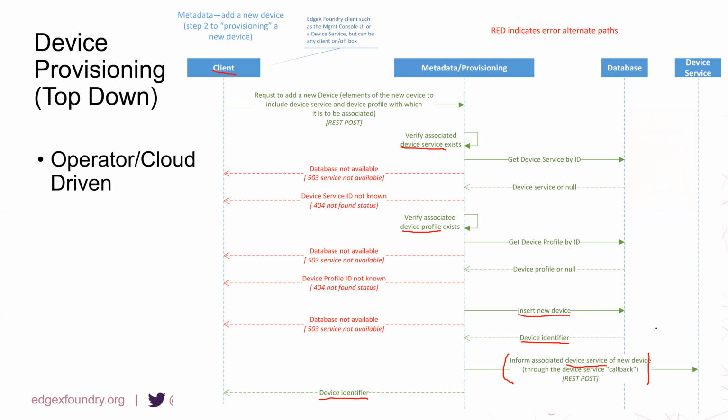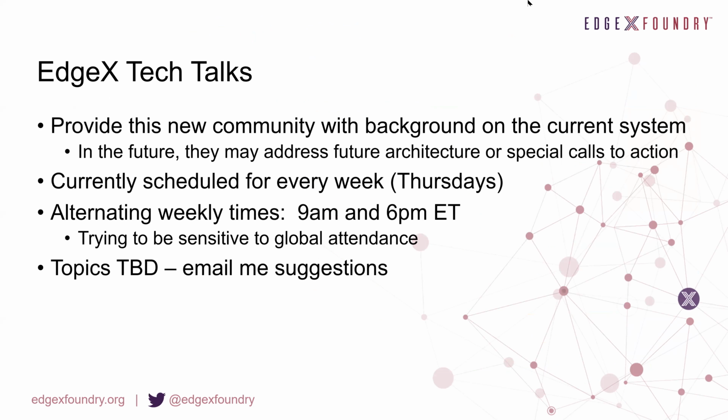Perfect. Another question just came through the chat, Tyler. For a bottom-up approach, could it be controlled if a device is discovered and added in a certain state, say disabled, so that an operator can make the final decision for activating the new devices? Absolutely. Yes, you can initialize a device and add it to the system with operating state disabled.